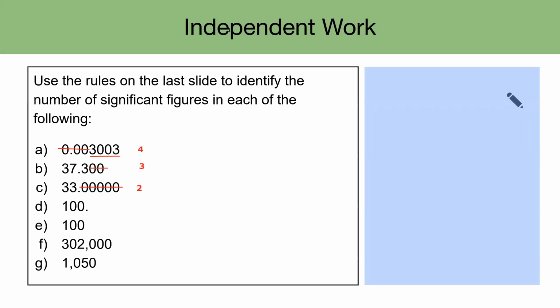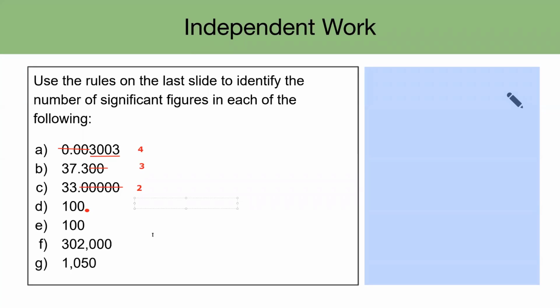And then we have letter D, which is 100. with a decimal point. This is really important, this last one. Right here, letter D, because it has a decimal point that comes after those zeros, that counts as kind of a bookend, and it makes those zeros significant.